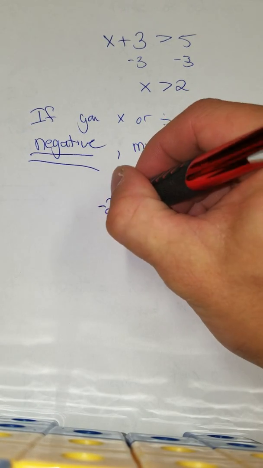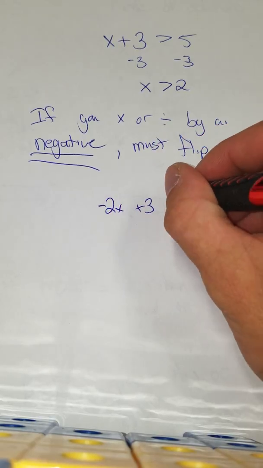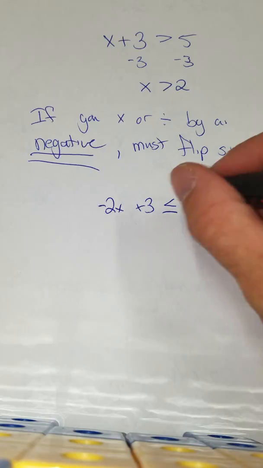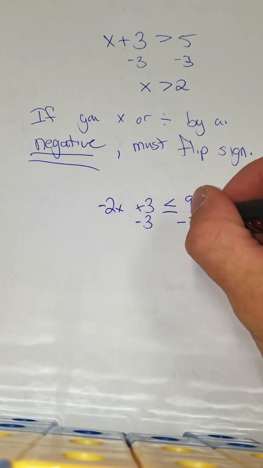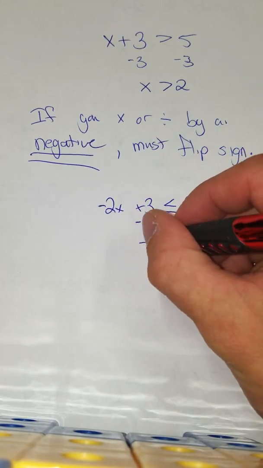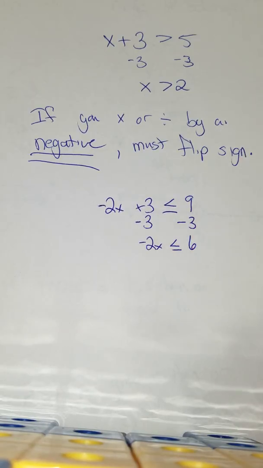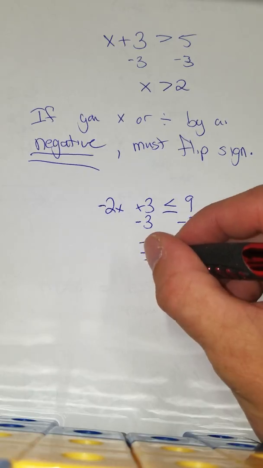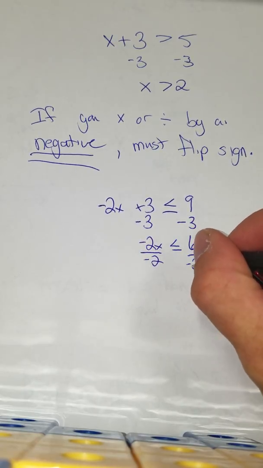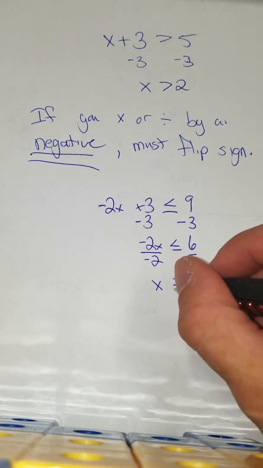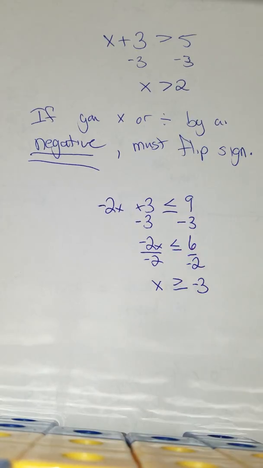So let's say we have -2x + 3 ≤ 9. So we start this problem off solving like we would a normal equation. We subtract 3, -2x, and I didn't multiply or divide, so everything stays the same. Divide by a negative. Okay, x, flip the sign, -3. Okay, so you have to be very, very careful with that. If you're multiplying or dividing by a negative, you flip the sign.